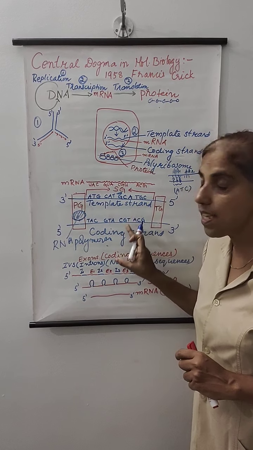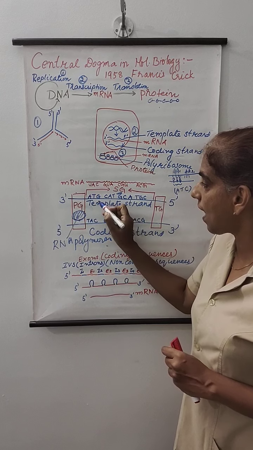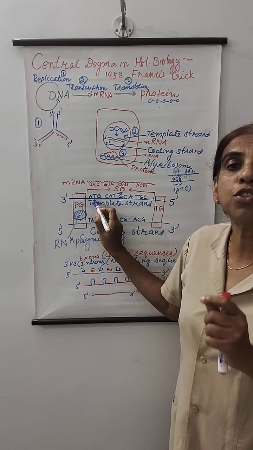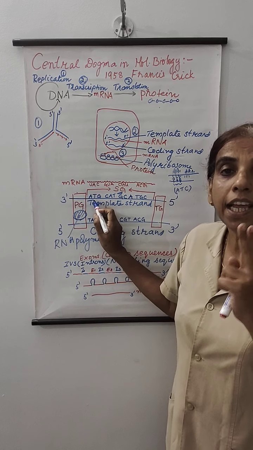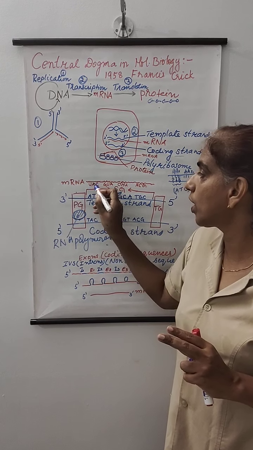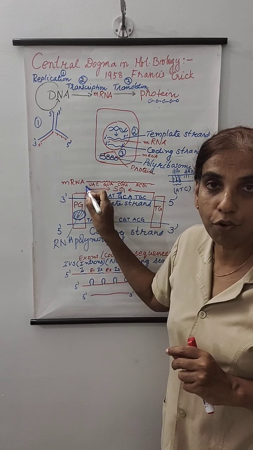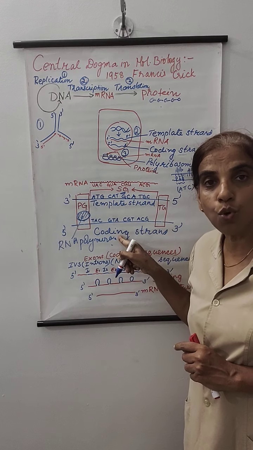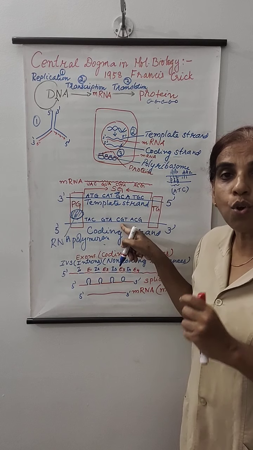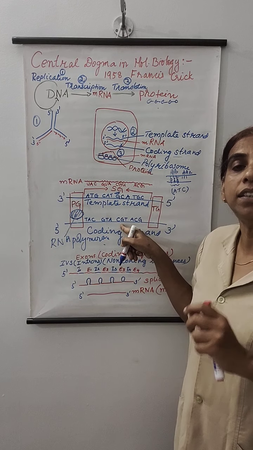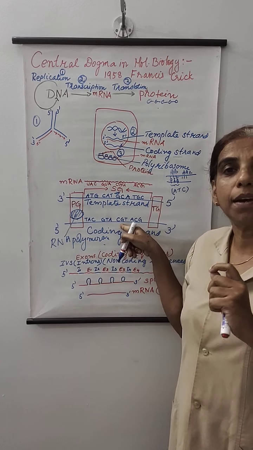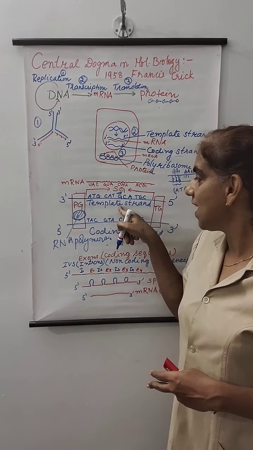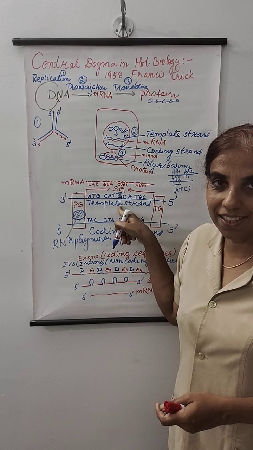Now when you look at these nitrogen bases, you can see that the template is giving all sorts of the regulatory rules for the messenger RNA formation. Even though the name of the strand is coding, and this coding strand is the real one which should prepare the protein, here in a contradictory version, the template is directing.